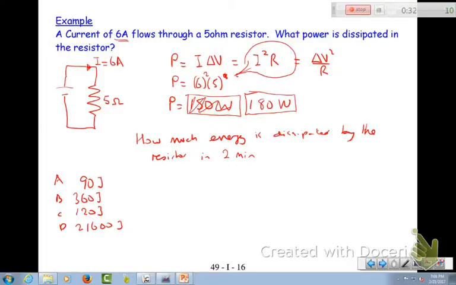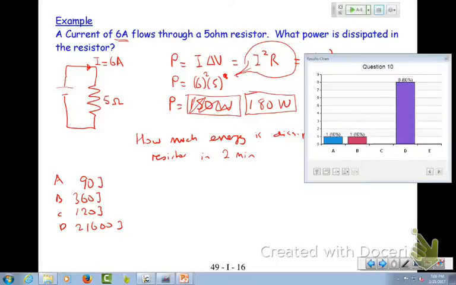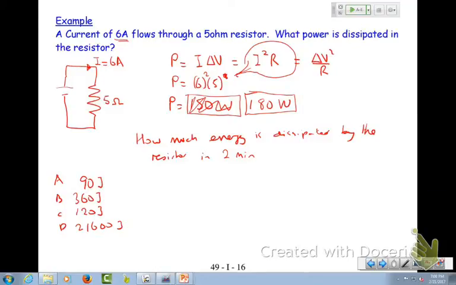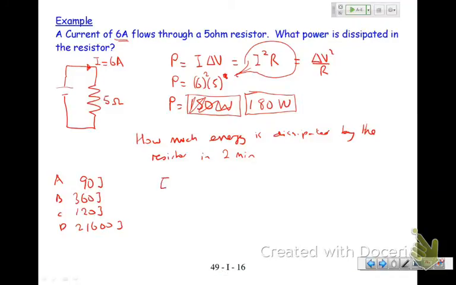We're running out of time now, so I'm going to cut you off. Come on, have a vote. Mainly D, and it's basically what I'm trying to catch you out on. Energy is equal to the power times the time. Why?